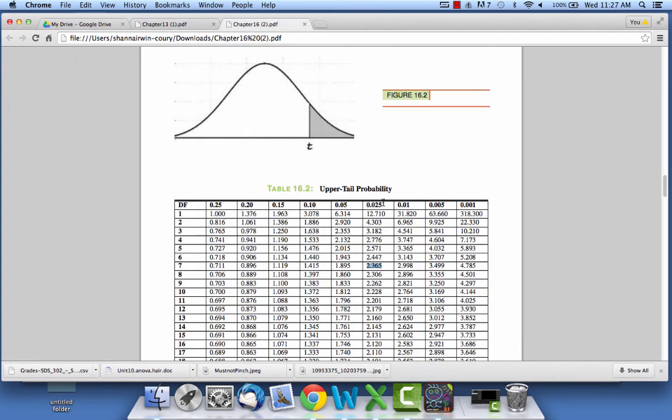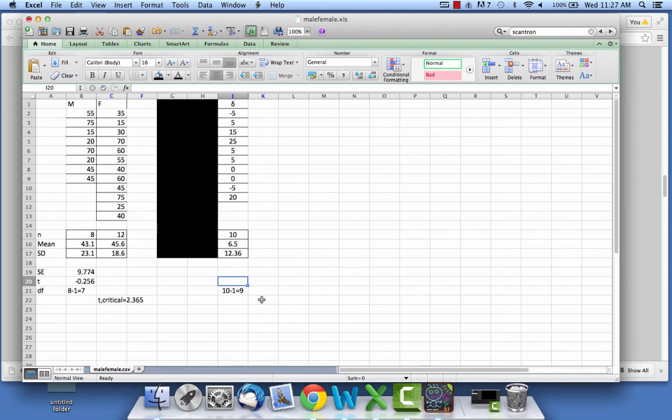So we're still using 0.05 and we're still using two-tailed, so we're still in this column, but now I'm at 9, 2.262. And remember, oh, no, that's T critical. Okay. T critical is 2.262.